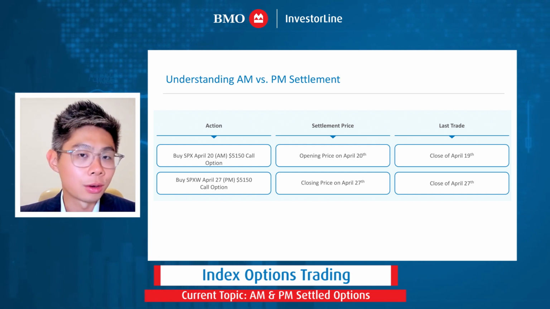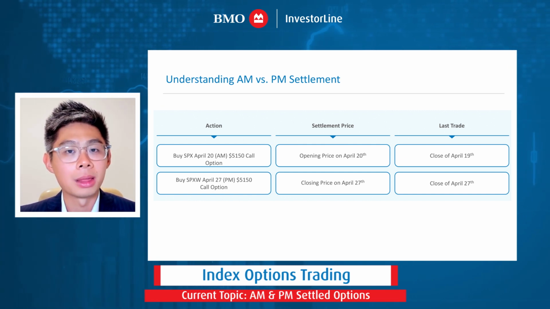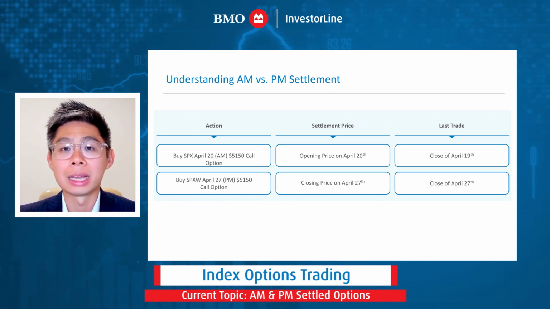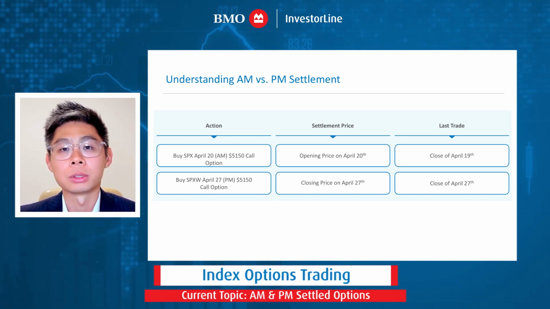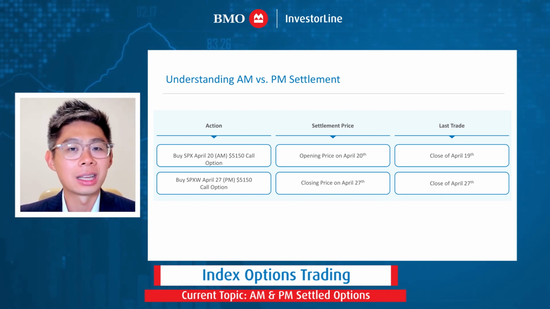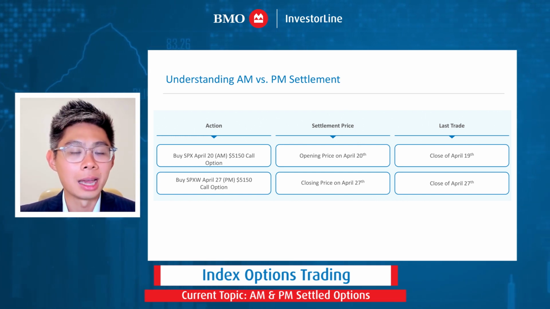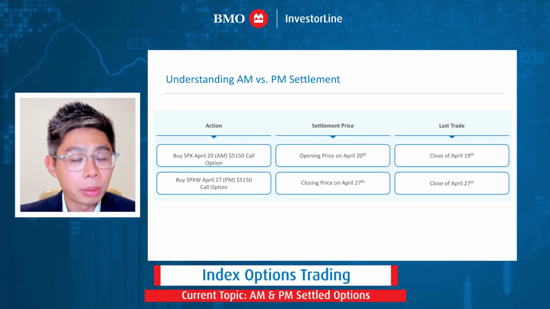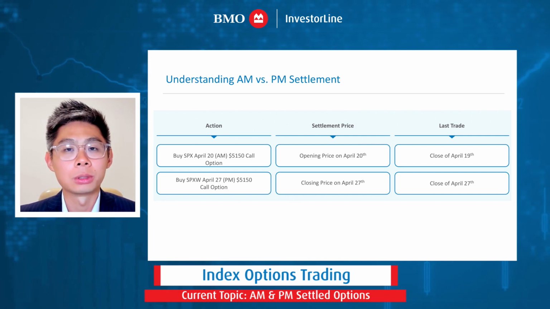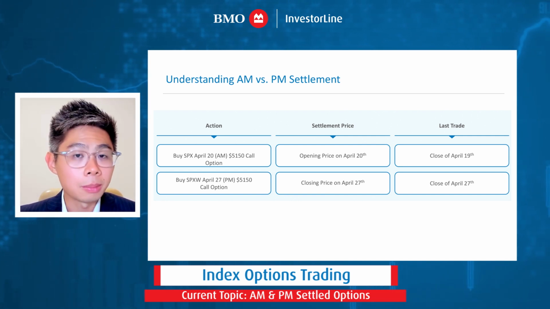For this very reason, I recommend that most retail traders not trade AM settled options, because you have that overnight risk, and it's a risk that I think most traders don't need to take. There are plenty of options that are PM settled, and the AM settled options only expire on the monthly options.